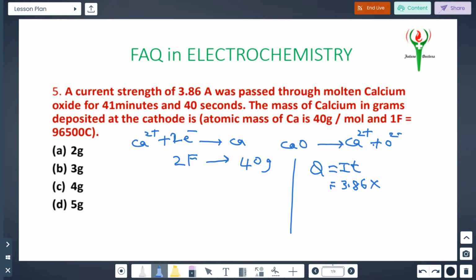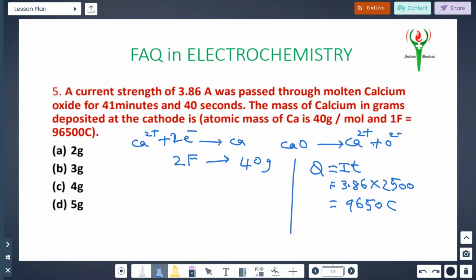Here it is 41 minutes and 40 seconds: 41 into 60 plus 40 gives 2500 seconds. So multiplying all this, we get 9650. Q is the quantity of electricity, which is measured in coulomb.